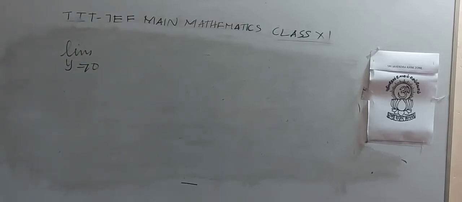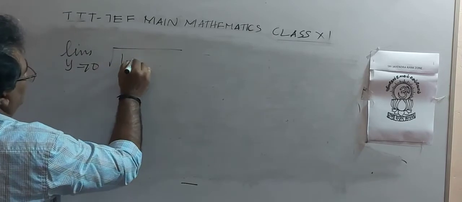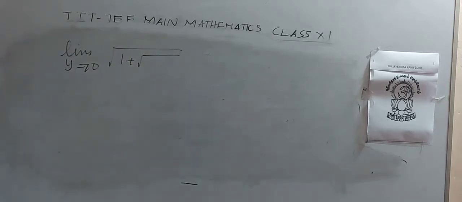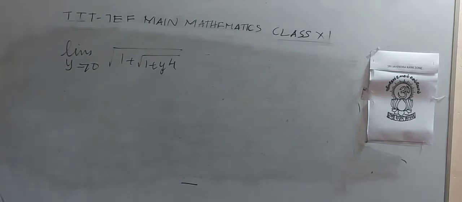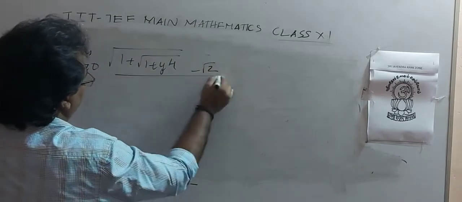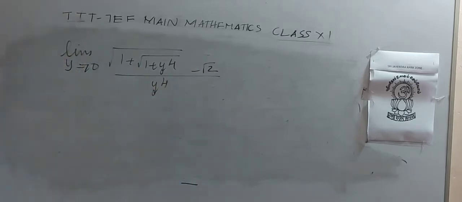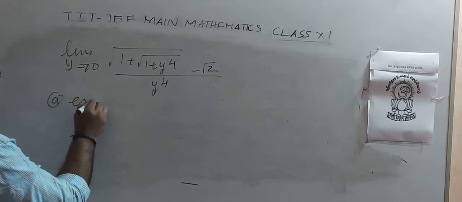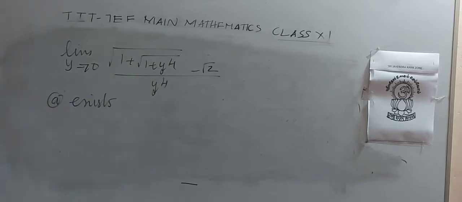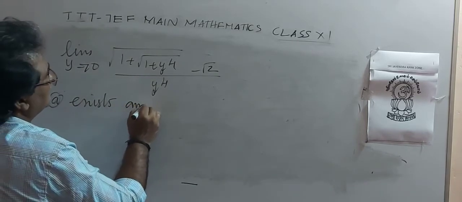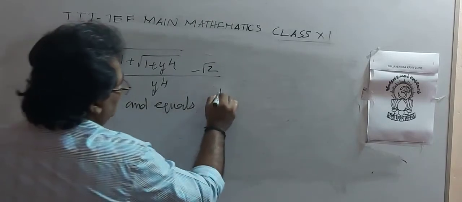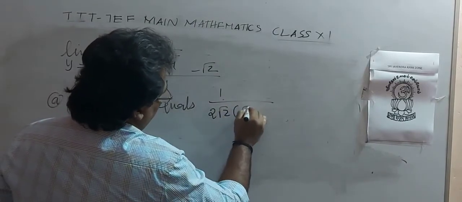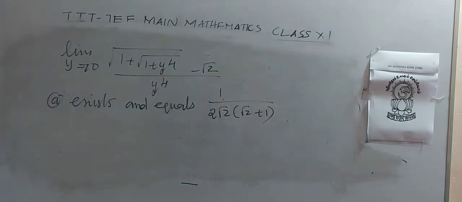Limit y tends to 0, root of 1 plus y power 4 minus root 2 divided by y power 4 exists and equals one by 2 root 2 into root 2 plus 1.